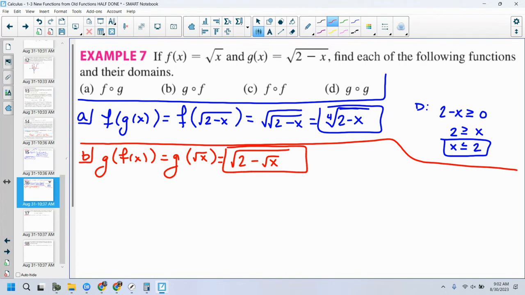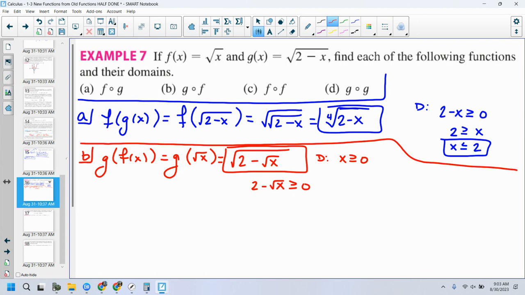The tricky part is the domain. Okay, the domain for this. What's the innermost function? F. What's the restriction on the domain of f? Greater than or equal to 0. Okay, now look at the domain of the final. Now this has some different restrictions. 2 minus radical x has to stay greater than or equal to 0, right?